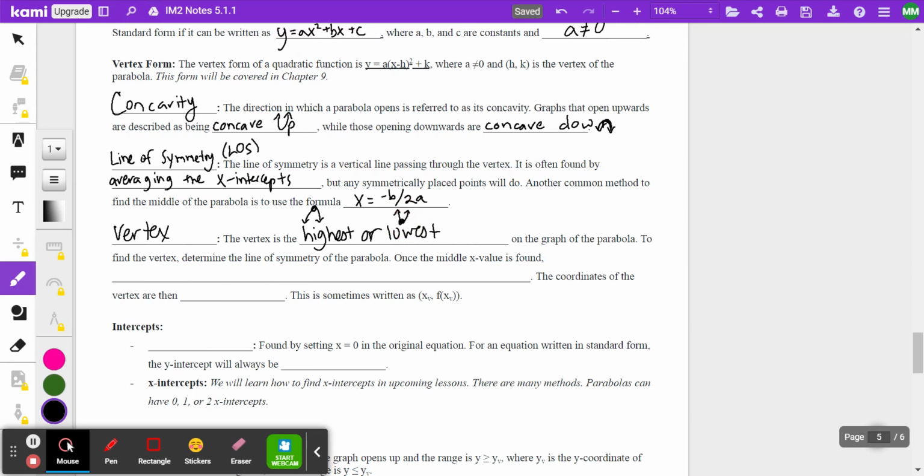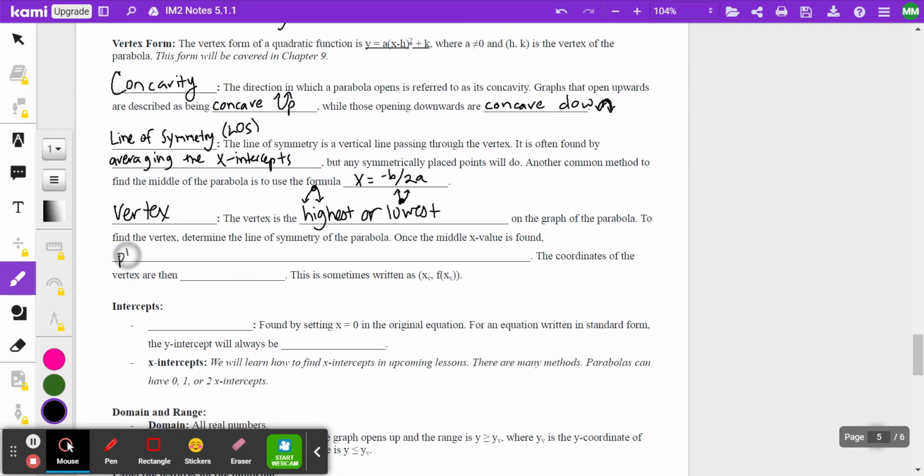To find the vertex, first you determine the line of symmetry, and once the middle x value is found, you plug your vertex x value into your original equation and solve for y.